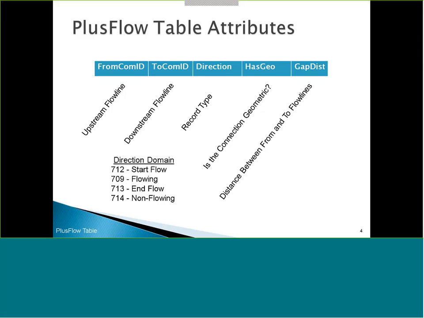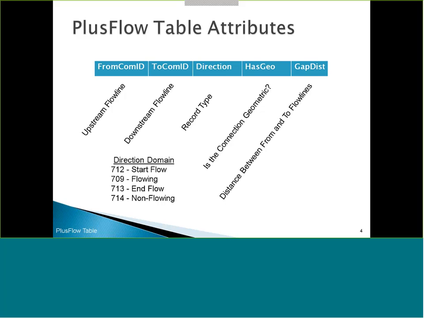You see it along the international borders where the flow leaves the United States, and then somewhere later it comes back into the United States, but we have no geometry in the international area for that particular connection. So we have records in our flow table that don't necessarily have geometry to represent them.